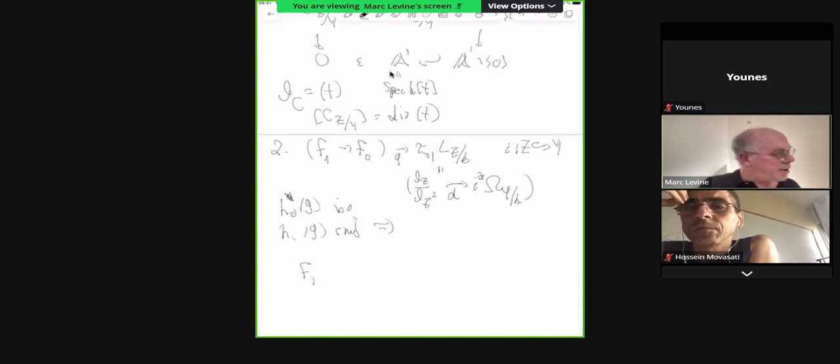You take F1, and of course you have this map to F0, but you also have the map phi 1 from F1 to the ideal sheaf. And then again, the ideal sheaf maps to the pullback of the differentials, but so does F0 by phi 0. So you have a map here.